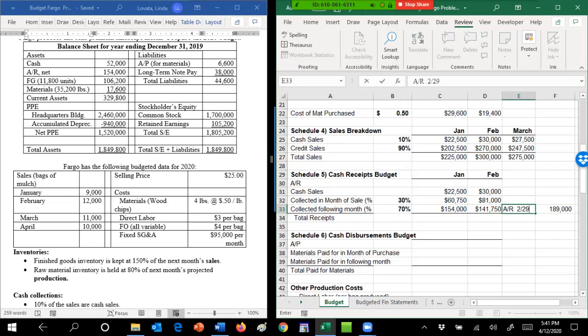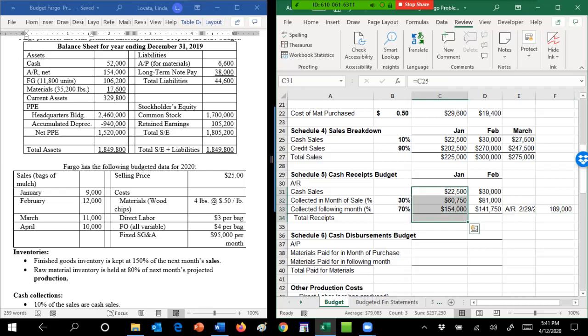Maybe that was our problem, as it's a leap year. That's what made life weird this year. Okay. So that's going to be my accounts receivable. So this 81 plus the 189 is 270. All right. Questions on that?